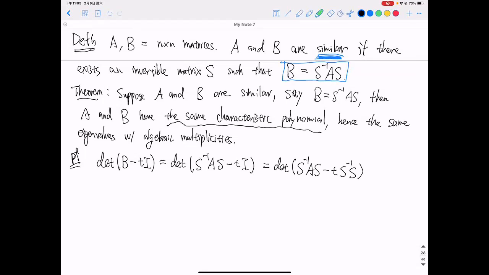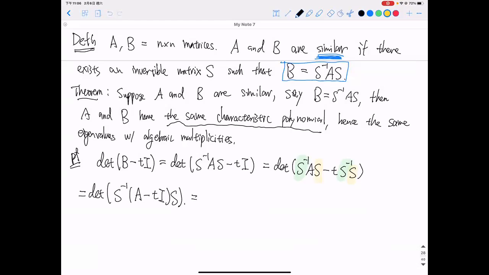But now what I can do is factor this out. I can rewrite the term inside the determinant as the determinant of S inverse times (A minus tI) times S. That's just factoring the expression.